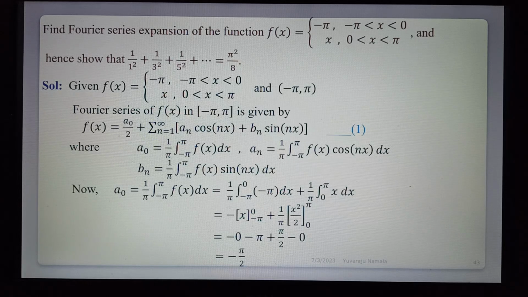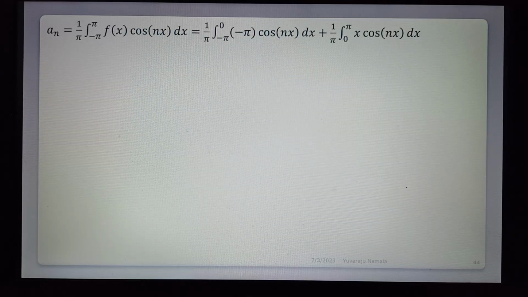Next, finding the an value. an is equal to 1 by 5 into integration minus 5 to 5 of f of x into cos nx dx, that is 1 by 5 into integration minus 5 to 0 of minus 5 into cos nx dx plus 1 by 5 into integration 0 to π of x into cos nx dx.